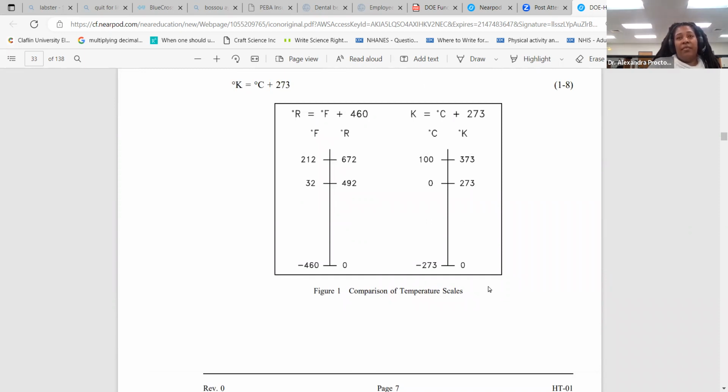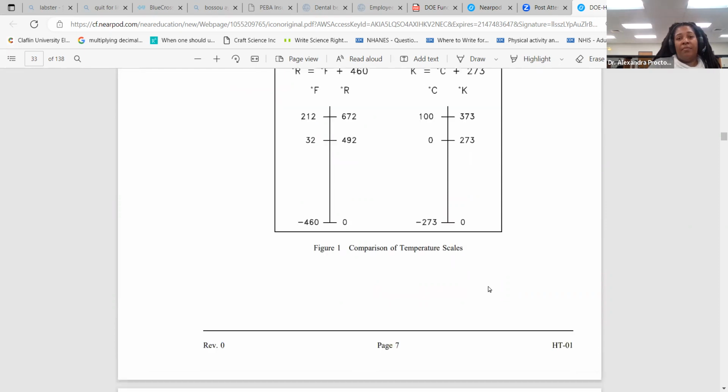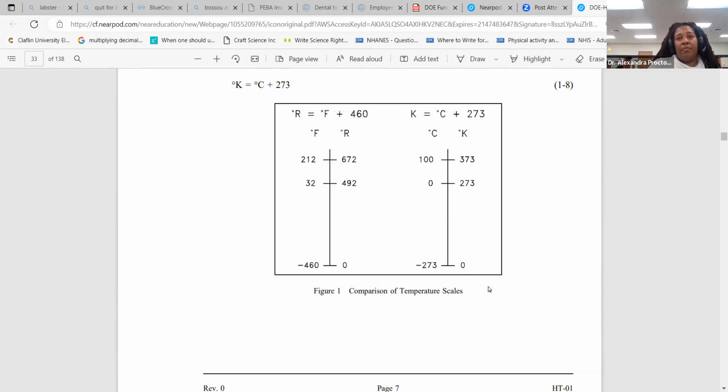Celsius and Kelvin go together. So in order to make all the values positive, they take that really low temperature that they discovered, where there's no molecular motion, in the Fahrenheit scale, and they set it to 0 for the Rankine system.